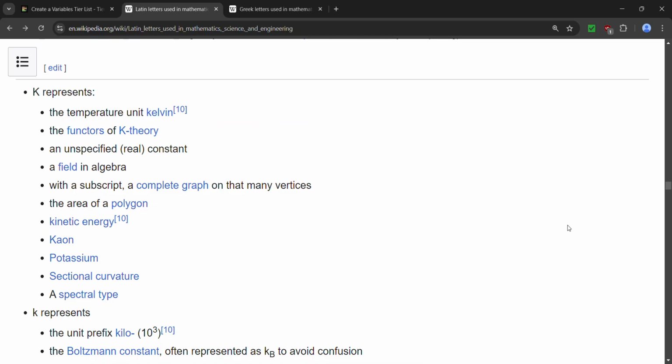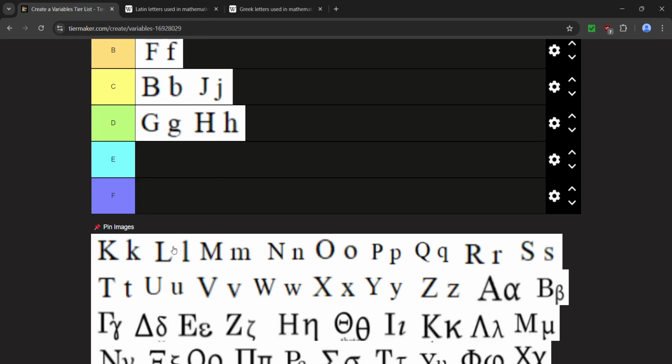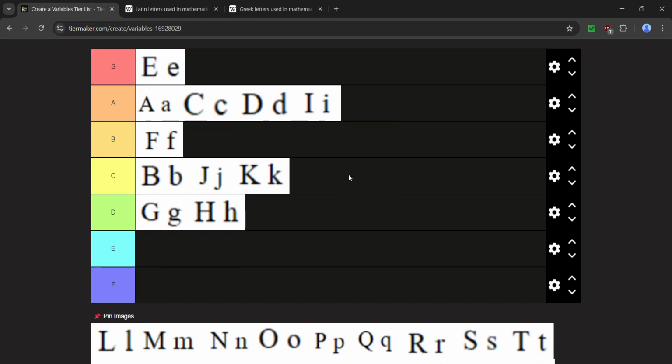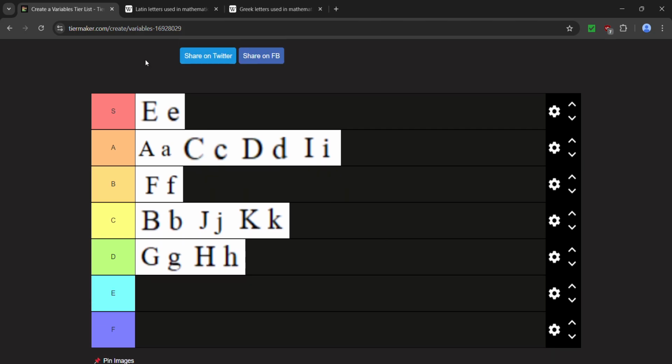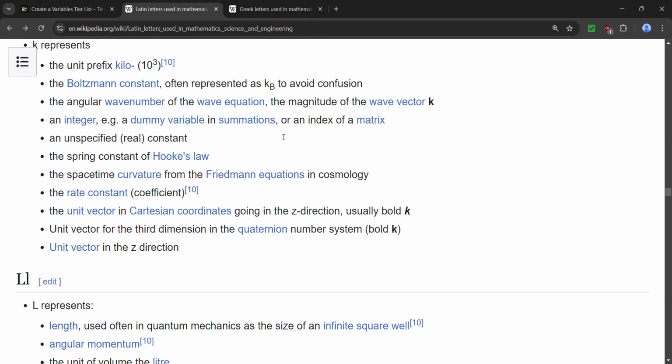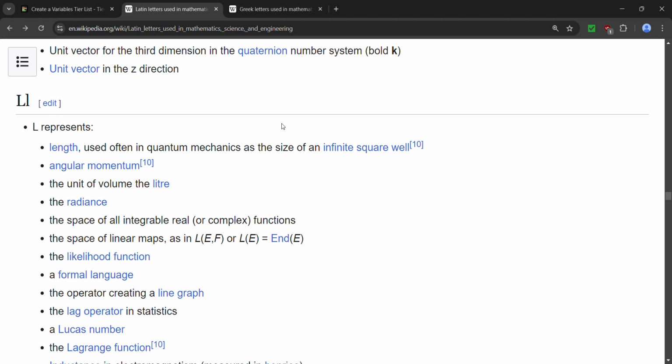I don't really know what to think about K. None of these are really blowing my socks off here. I think I might just have to give it a C tier. It's fine. Nothing is really tickling my fancy.